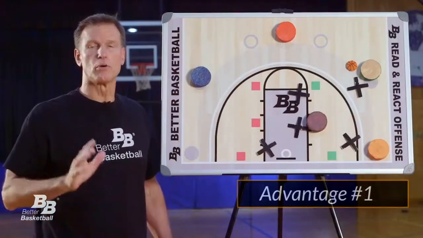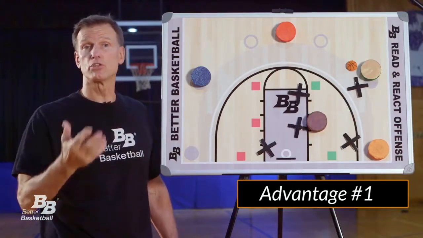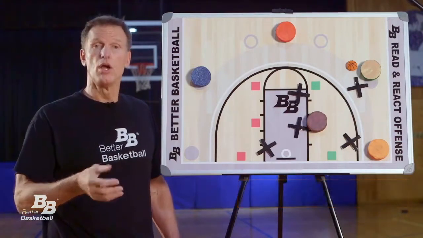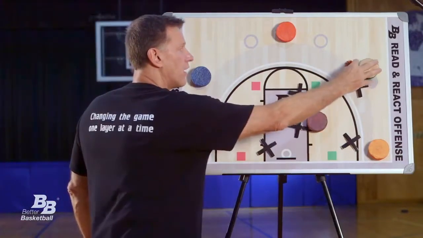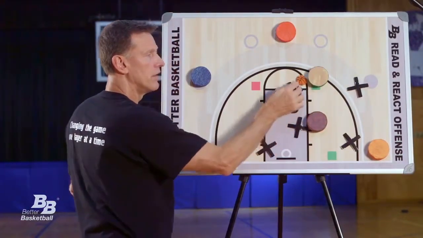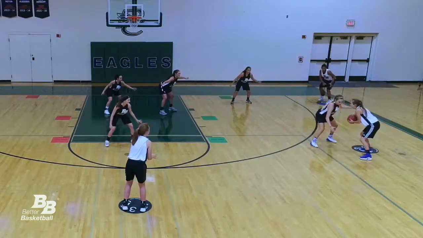Circle movement sends receivers out of one zone defender's area into another zone defender's area. Without circle movement, a zone defender can help on a drive and on the pitch, recover in their own area.